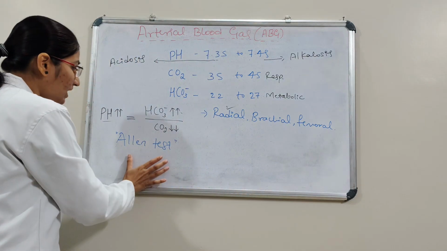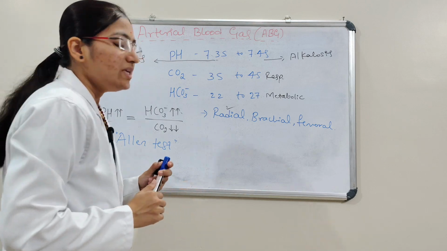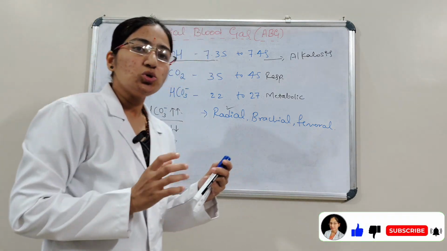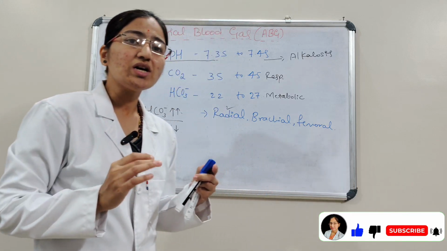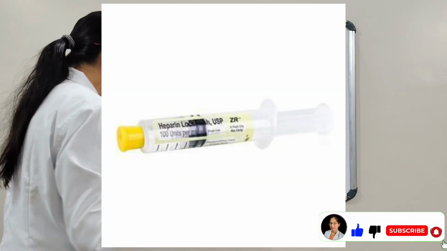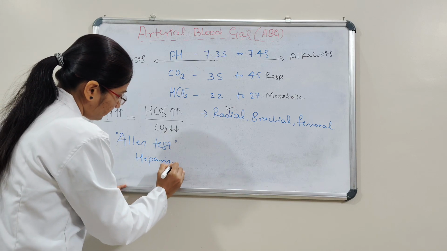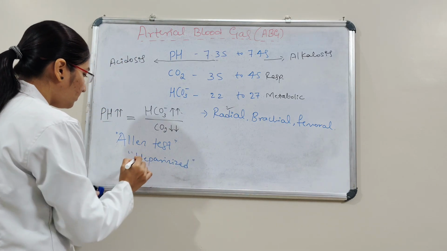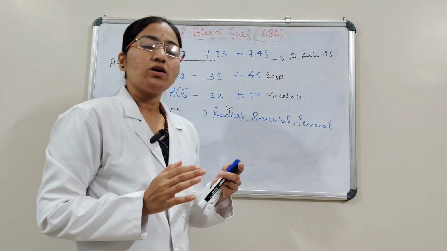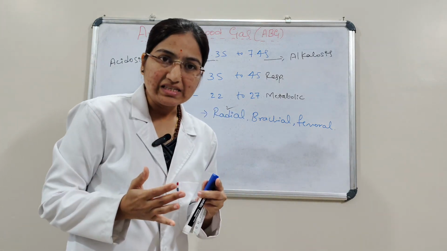Here we always need to use a heparinized syringe to take the sample for ABG analysis.